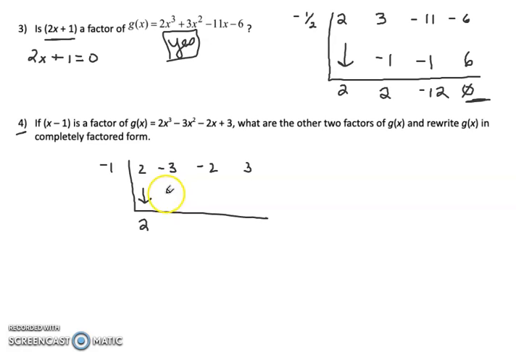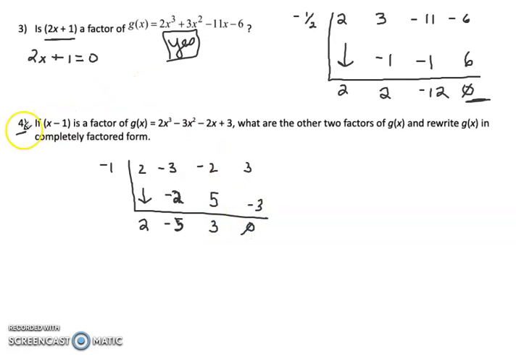Drop the 2 down, right? Multiply, so I'd have a negative 2. Drop the negative 5 down, right? Negative 5 times negative 1 is positive 5. Drop a 3 down, negative 3.